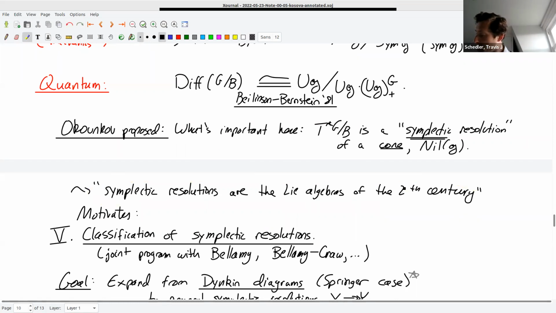The 20th century would be the original thing, and this is the 21st century. So he's suggesting we should look at other symplectic resolutions, not just the Springer one that I just wrote down. So this motivates the classification question.